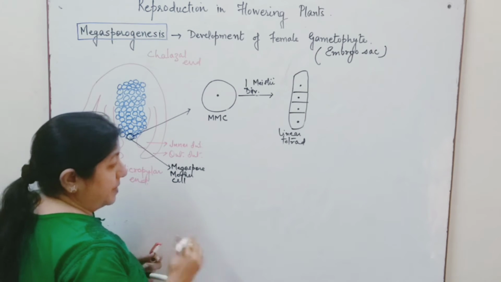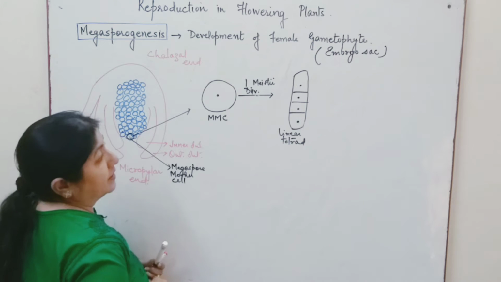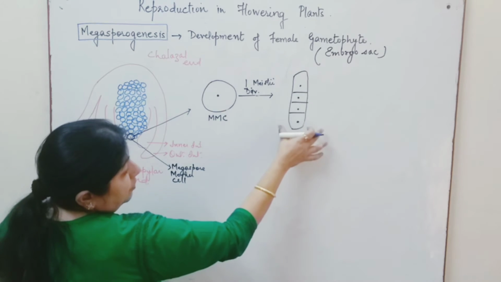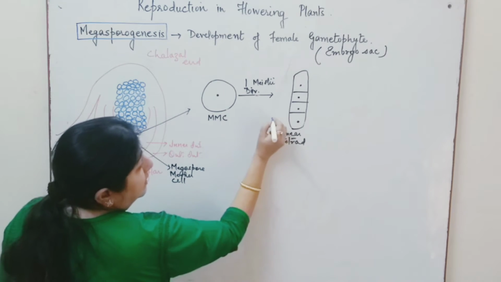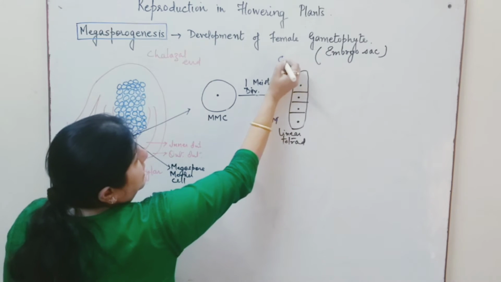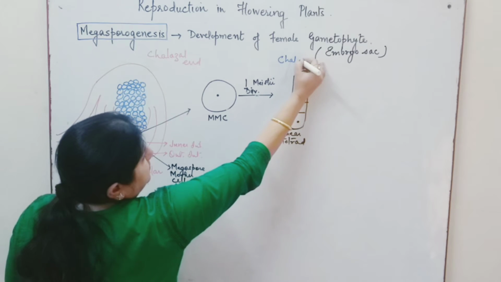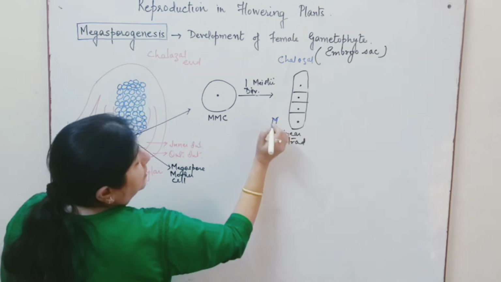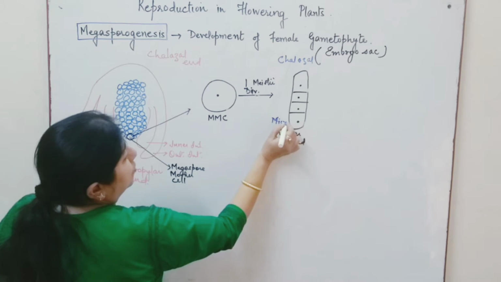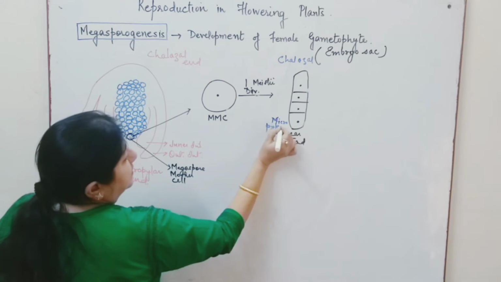Always remember, as we are doing the labeling, it is important to mark the micropylar end and the chalazal end. So this is the chalazal end over here and this is the micropylar end.